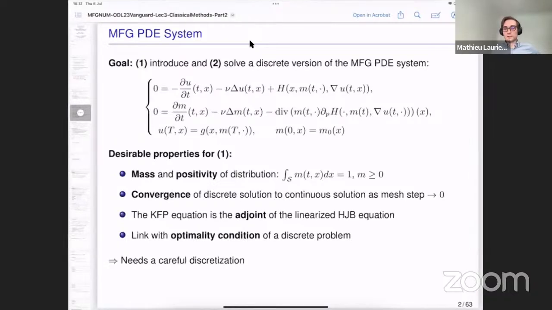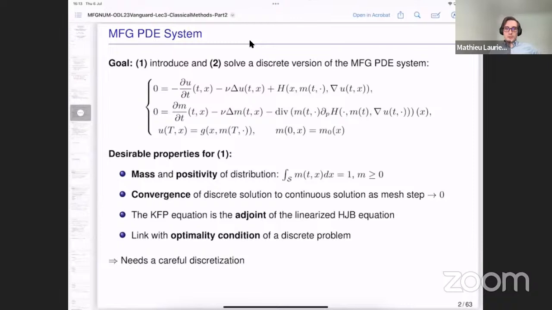So this is a property that I will come back to later, that we would like to keep even in the discrete system, because it gives some nice consequences that you can deduce from this structure. And this is a kind of structure that we use when we study existence, uniqueness, regularity of mean field games.